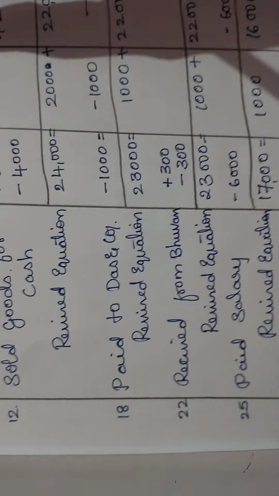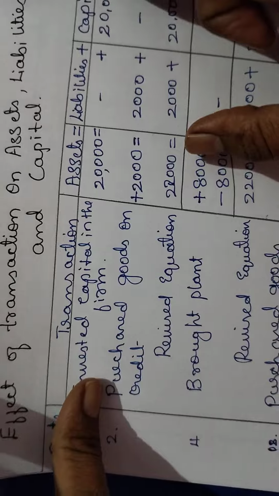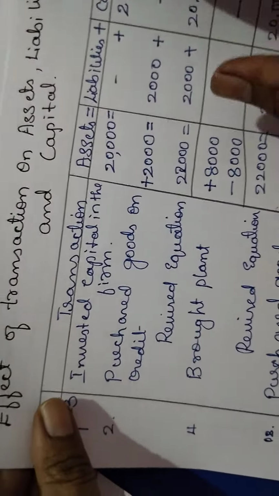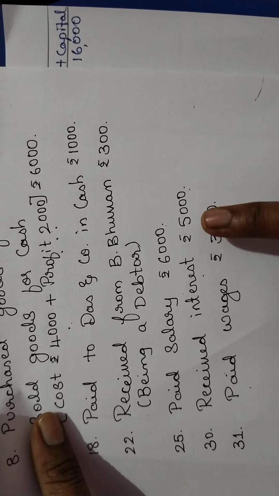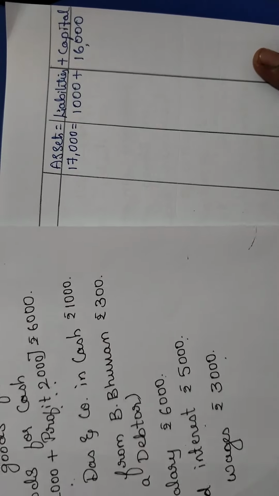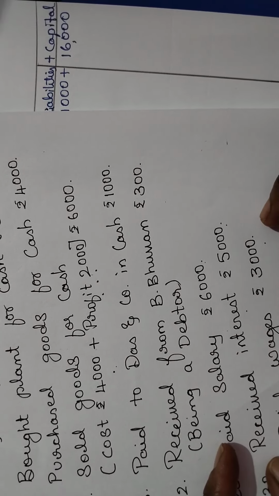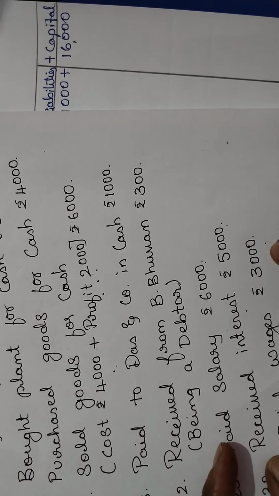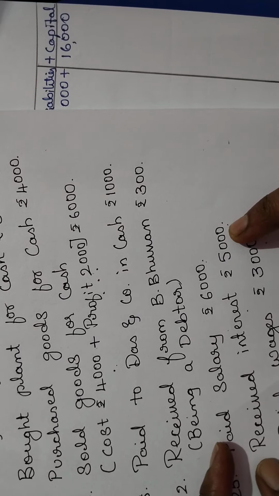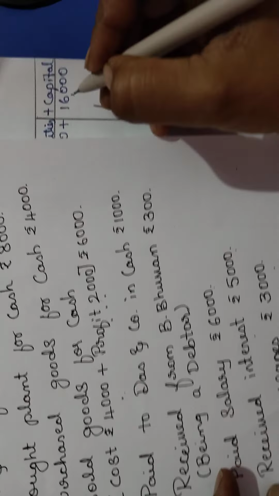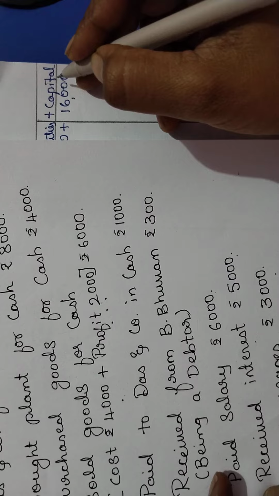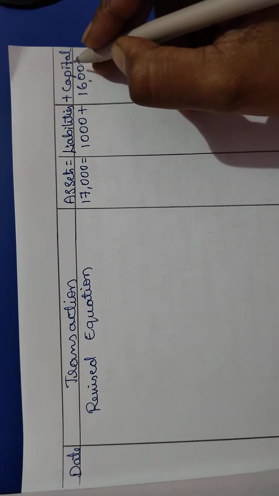What is the next entry? The next entry is received interest 5,000. So how is received interest affecting? It is increasing your cash. So it is an income. Income also affects your capital. It increases your capital also.